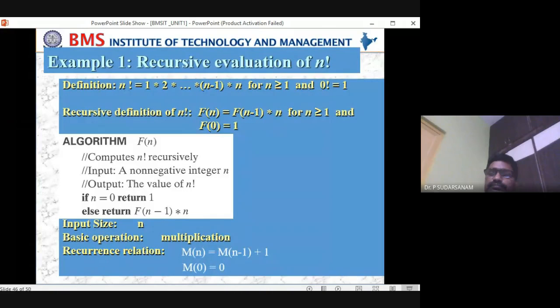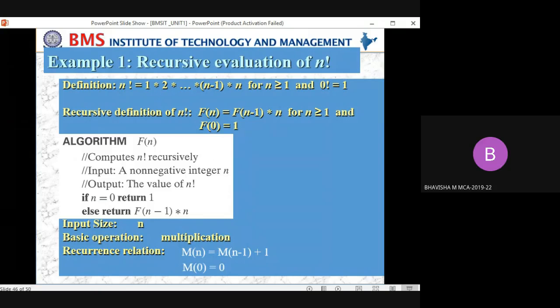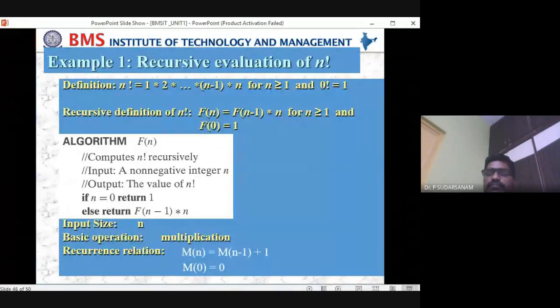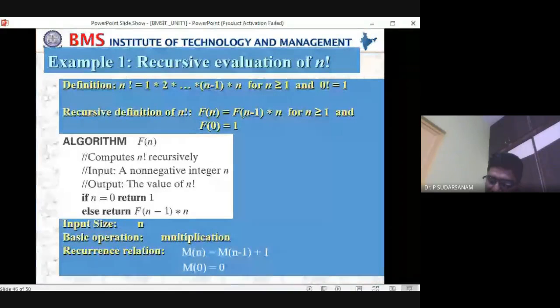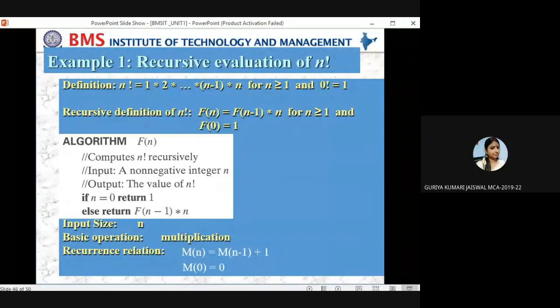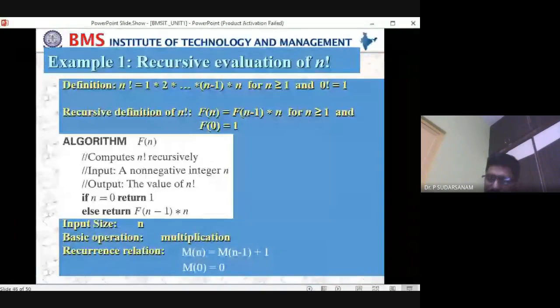Present, sir. 12, present, sir. 13, present, sir. 14, present, sir. 15. 16, present, sir. 17, present, sir. 18, present, sir. 19. 20, present, sir. 21. 22, present, sir. 23, present, sir.